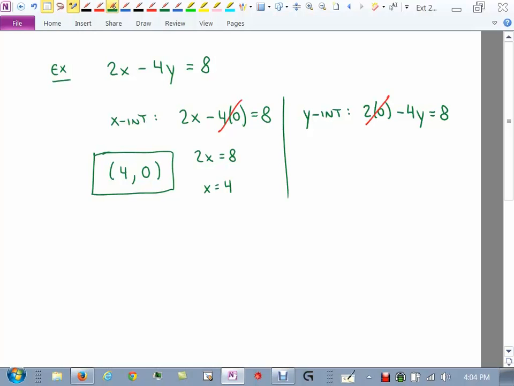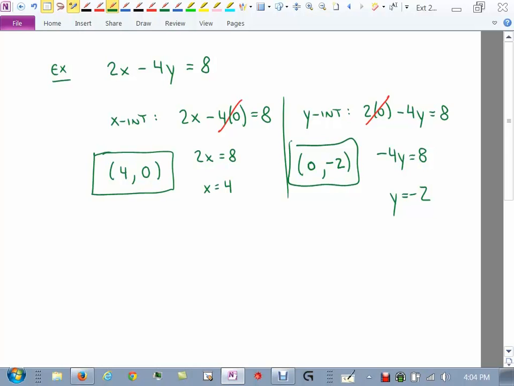I'm left with negative 4y equals 8, which means y is negative 2. We had replaced x with 0, and that means that my y is negative 2. Once we have the 2 points, I plot them and I'm done. Draw a line, I'm done. So that's the intercept method.